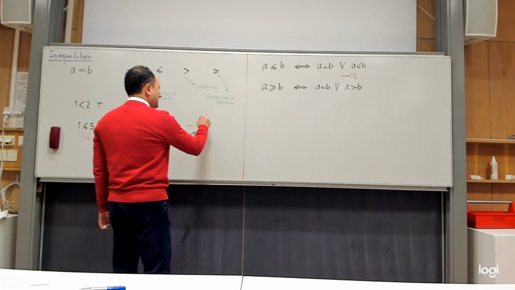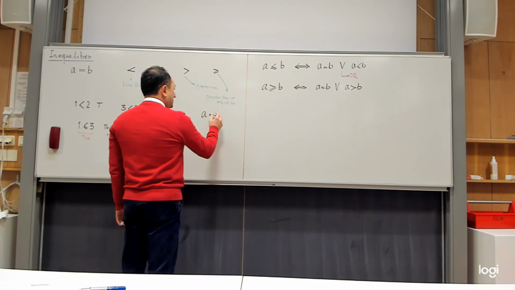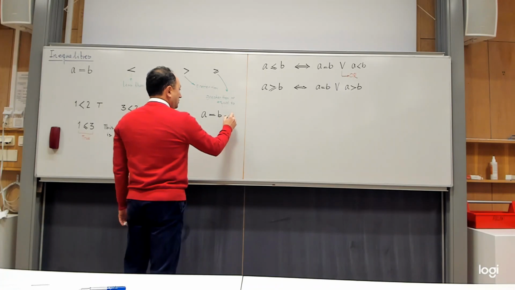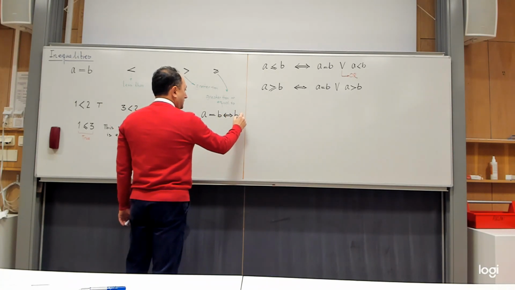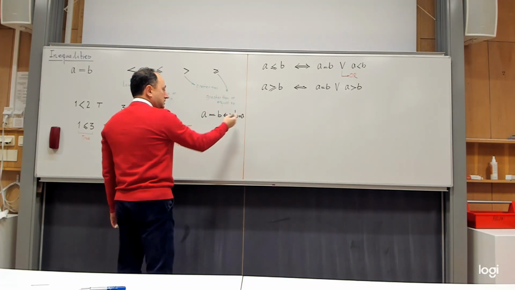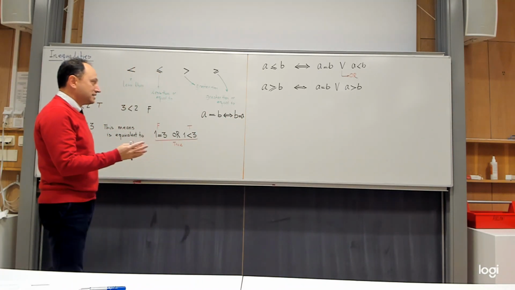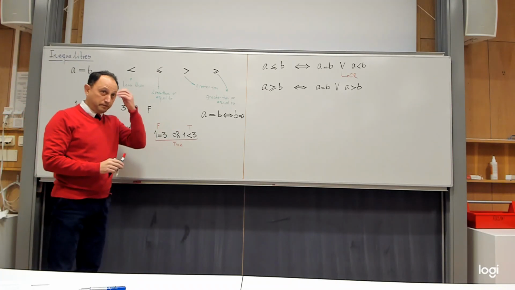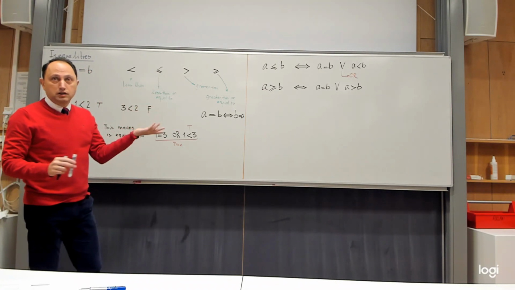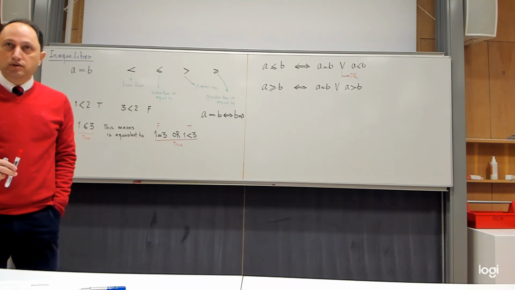B is equal to A carries the same information for me as A equals B. But in inequalities, of course, it is not symmetric, yes?